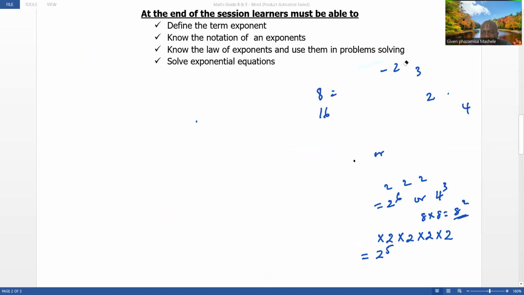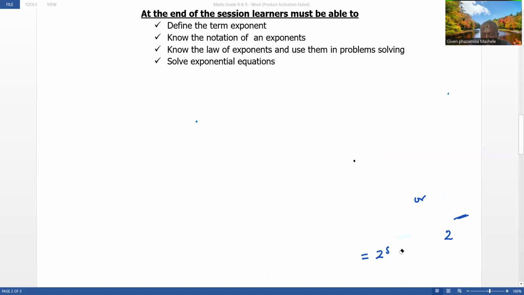And law number 3 says when you have one base but with multiple exponents, you can just multiply those exponents. And law number 4 says when you have multiple bases with the same exponent, all the bases should be raised to that exponent.